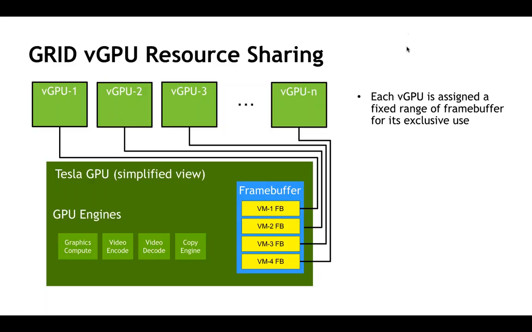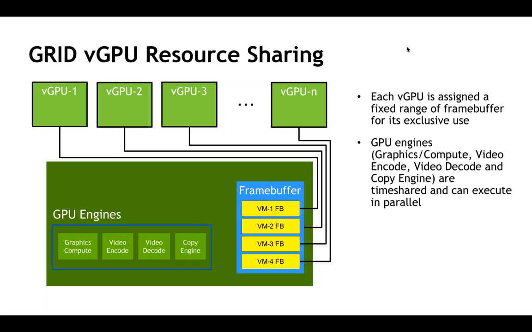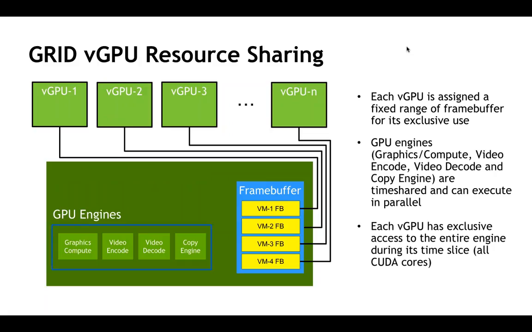Now, from a compute engine perspective, these GPU engines are time sliced. Each one of those virtual machines with the vGPU takes its moment in time, very similar to how time slicing happens within a CPU. It takes its moment to execute the things that it needs.